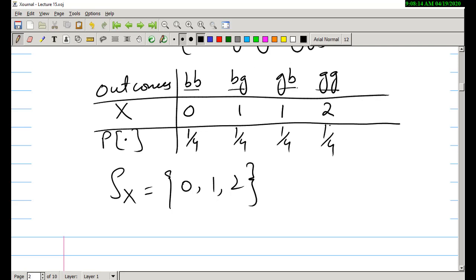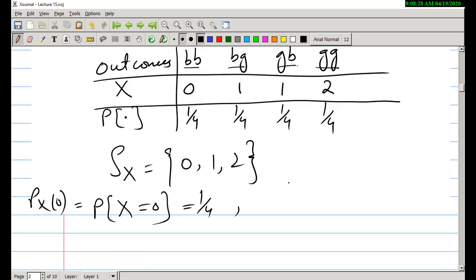If we want to find the probability that X is equal to 0, which we write as P_X of 0, it would simply be 1 by 4. Similarly, for P_X of 1, because it has these 2 outcomes, BG and GB, their probabilities will be added: 1 by 4 plus 1 by 4, which is 1 by 2.